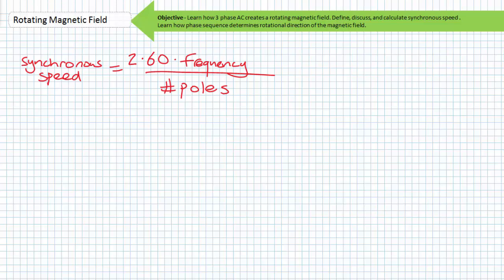It is for this reason I'm going to crack open this formula ever so slightly and write 120 as 2 times 60. This may seem unnecessary, but trust me, this simple modification is key to understanding the underlying phenomenon of the rotating magnetic field.